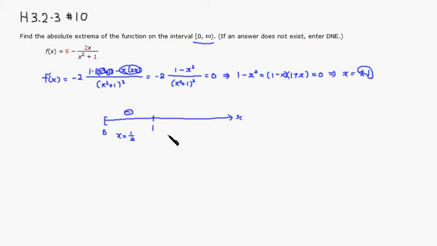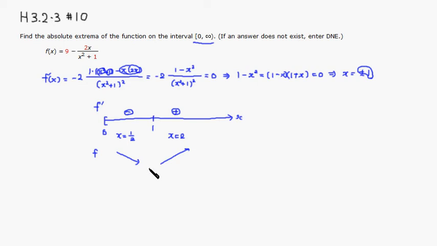Then after that, x equals 2 or something like that. You see that 1 minus 2 squared is negative, and with the negative sign that's going to be positive here. So you can see that this is the derivative, and the original function is actually decreasing here and increasing there.